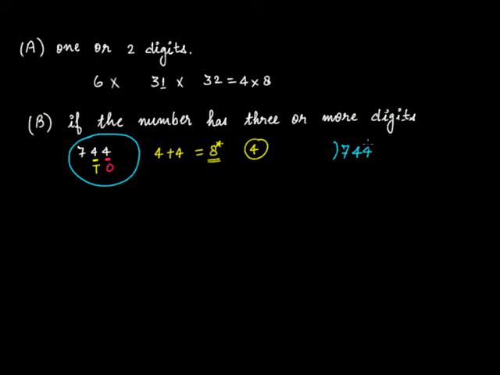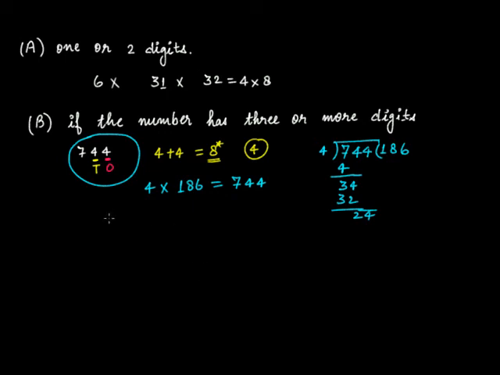So in this case you can cross check it. 4 times 186 is 744. That is, it is divisible by 4.